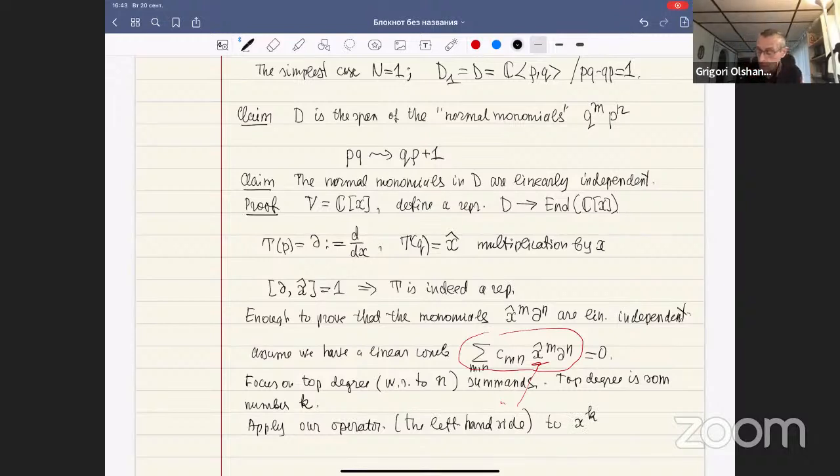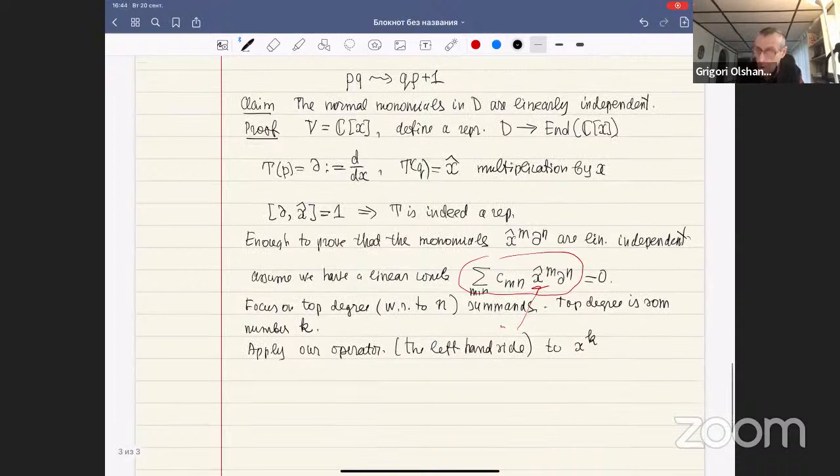What do we get? All the summands of lower degree are killed.